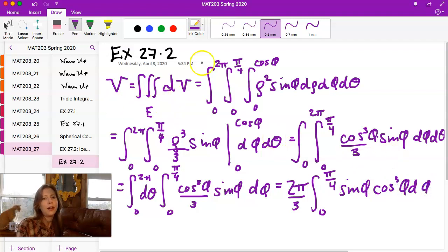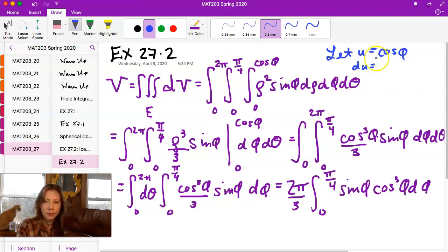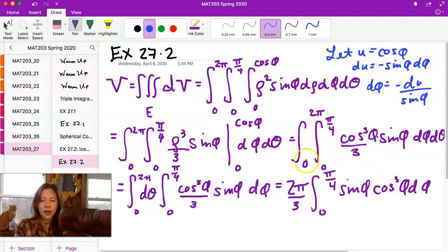All right, so I put off the u substitution long enough. I'm going to just put it up here since there's some room up here. We're going to let u equal cosine phi. So then du, of course, becomes minus sine phi d phi. So d phi is going to equal minus du over sine phi. So then we can get rid of the sine phi.